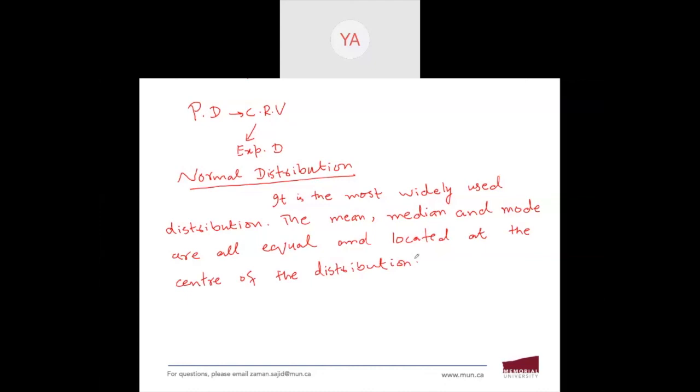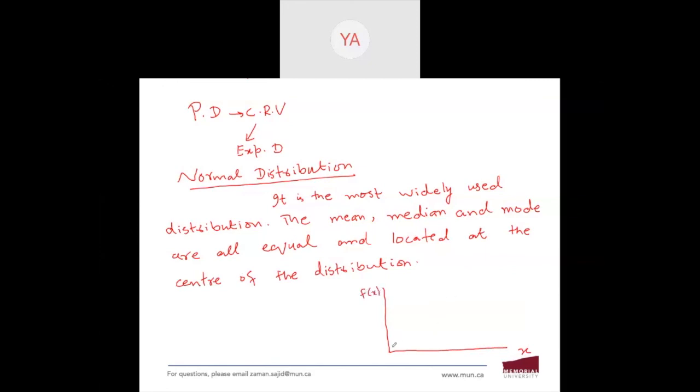So for those of you who are joining us just now, we started with the normal distribution. It is the most widely used distribution. The mean, median, and mode are all equal and located at the center of the distribution. By that I mean to say, now let me draw the curve for the normal distribution. So this is the graph that we are discussing from the start. This is my x-axis and this is my f of x.